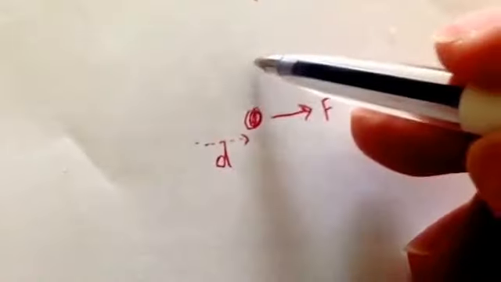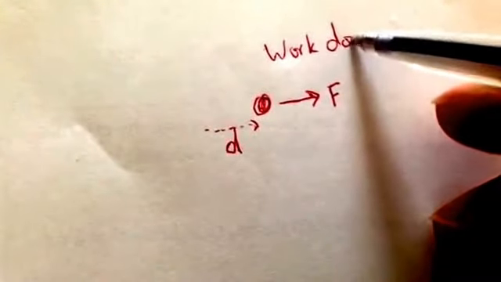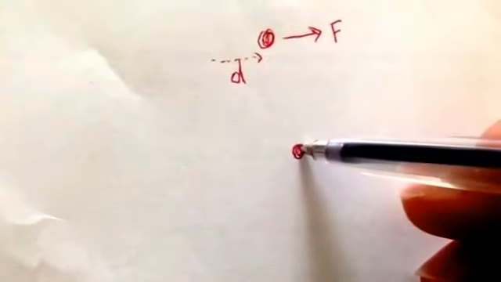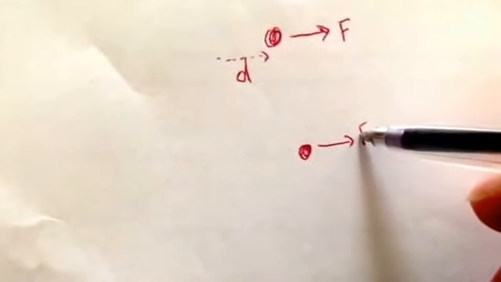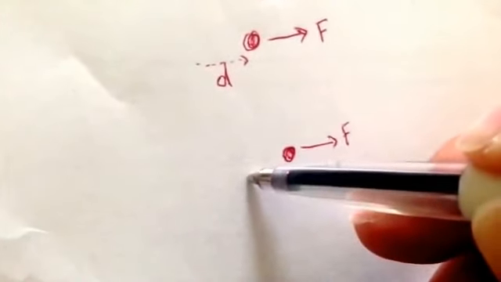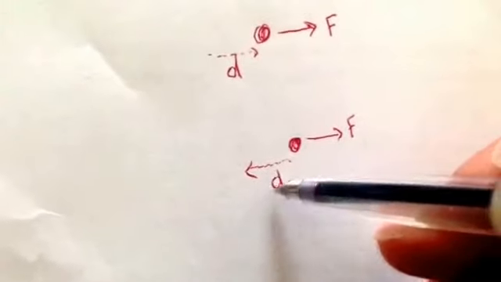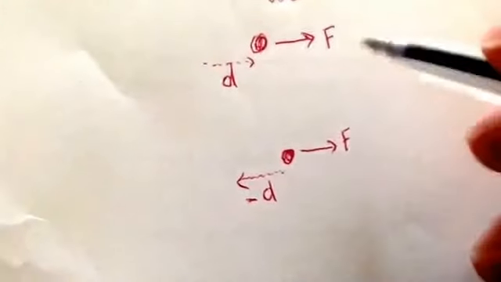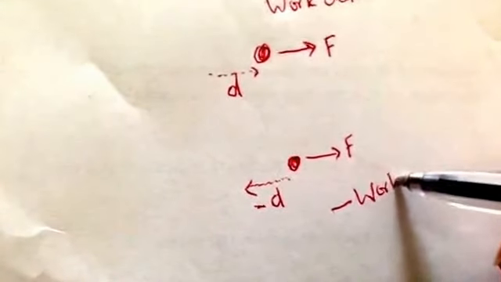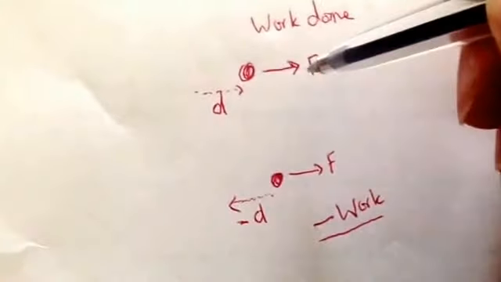If this is an example of work done, now if the force is given but the ball, let's say, moves in the opposite direction, now this is an example of negative work. Whereas the other one in the same direction is an example of positive work.